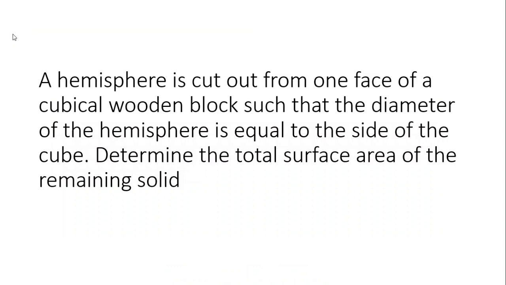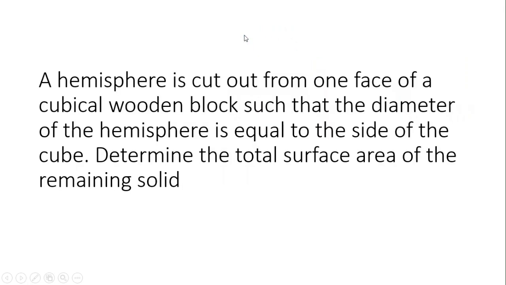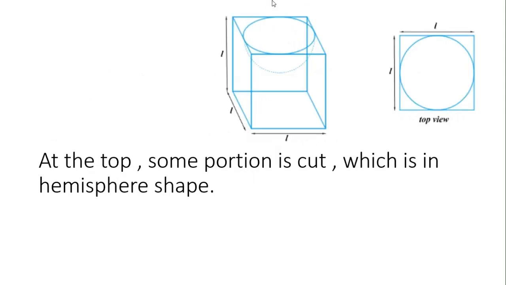Okay, very easy, but let us have an idea of the figure. What happened actually? There is a cubical wooden block like this. From one face, a hemisphere has been cut out such that the diameter of the hemisphere should be equal to the side of the cube.